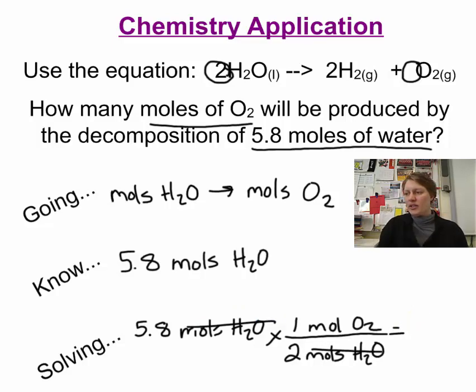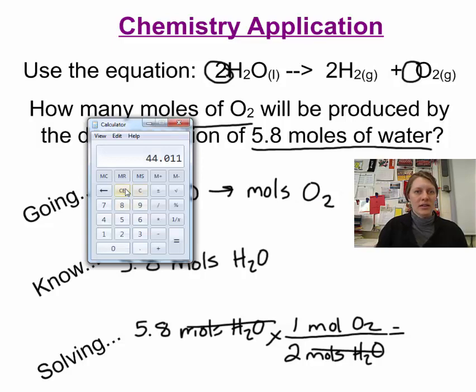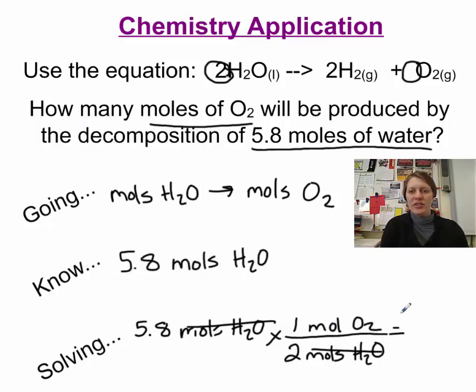So let's bring that calculator back over again. So if I now go 5.8 times 1 on the top, and then we divide that by 2, I get my final answer 2.9, and that's going to be 2.9 moles of oxygen.